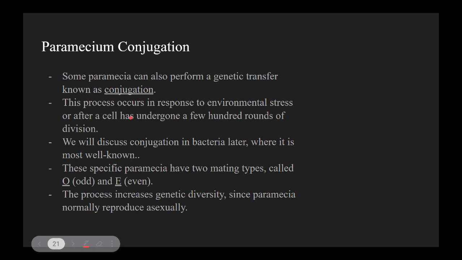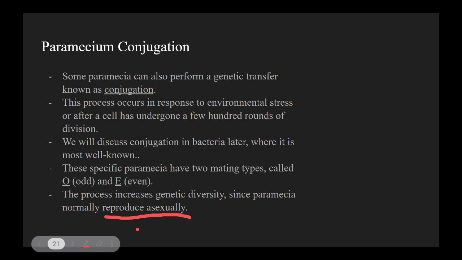Some paramecia also do what's called conjugation. So this is between different organisms. Two paramecia can actually transfer their DNA. This is going to increase the genetic diversity significantly, right? Because paramecia normally reproduce asexually, which means they just make clones of themselves.